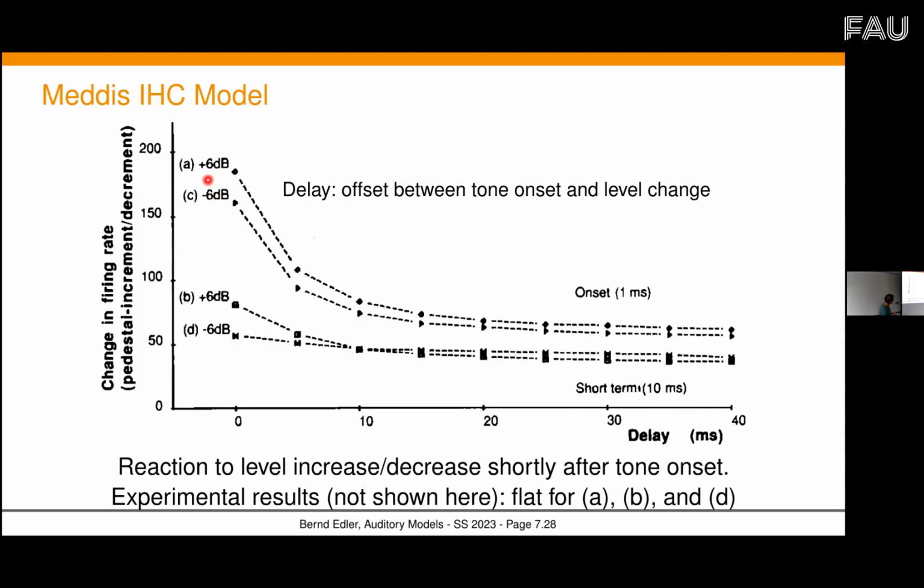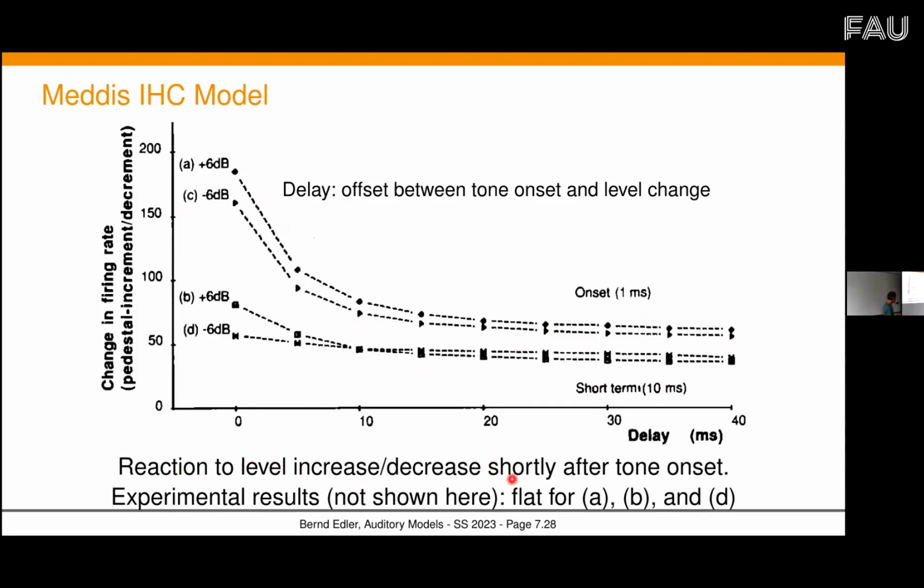And you see here that the model produces quite a strong reaction on the level increase or decrease shortly after the onset, and a weaker variation if you are not that close to the onset.